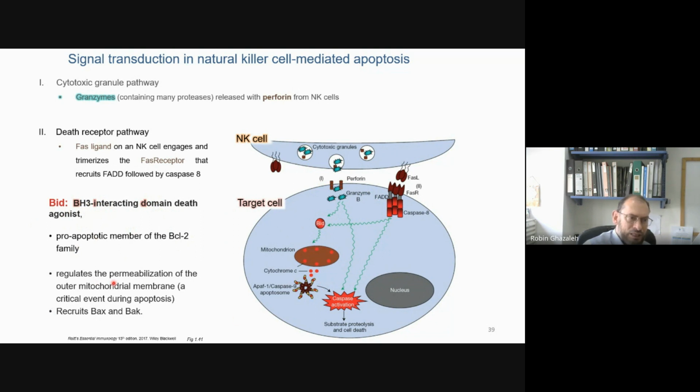When we say it regulates the permeabilization of the outer mitochondrial membrane, it actually gets cleaved by either the granzyme or caspase 8. And once it's cleaved, it can bind to the outer mitochondrial membrane. And that's how it regulates the permeabilization.